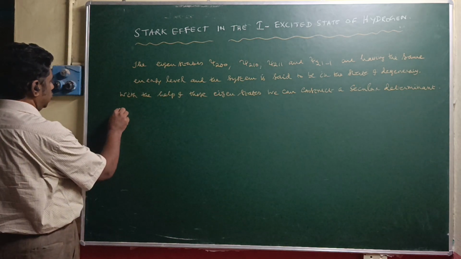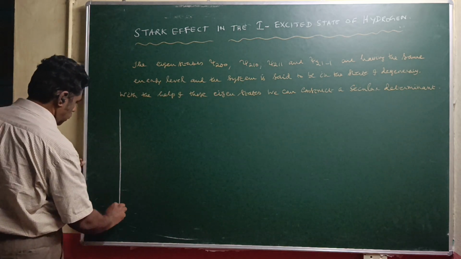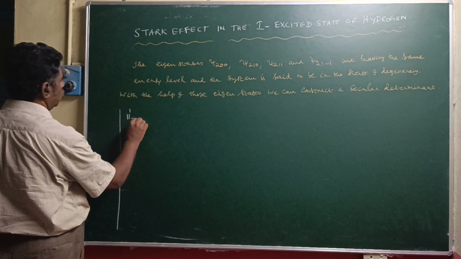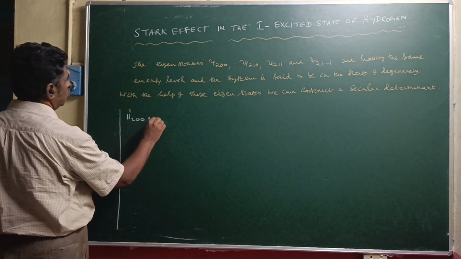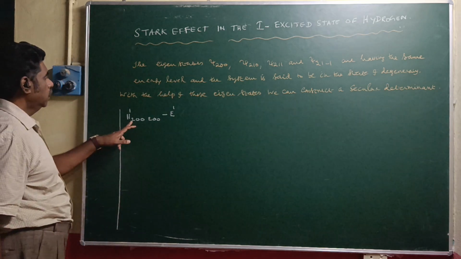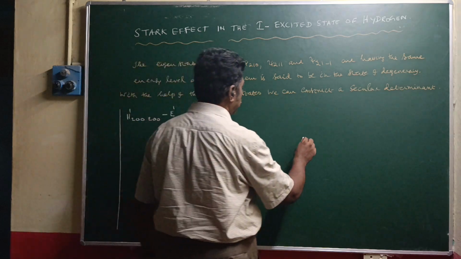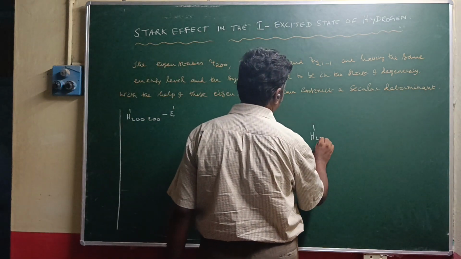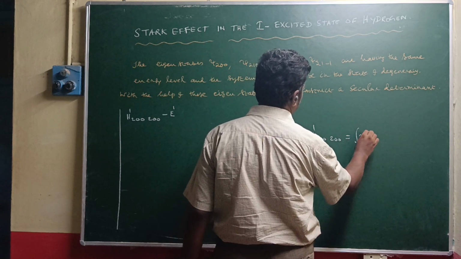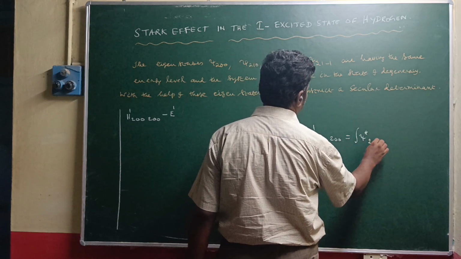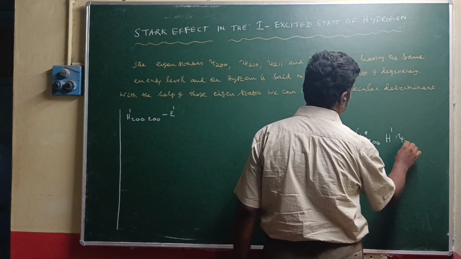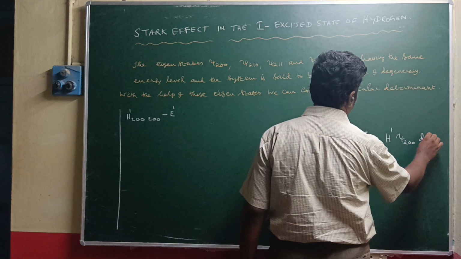The determinant is H1 2 0 0 2 0 0 minus E1. Here the meaning of H1 2 0 0 2 0 0 is the integral of psi star of 2 0 0, H1, psi 2 0 0, d tau. This is the meaning.